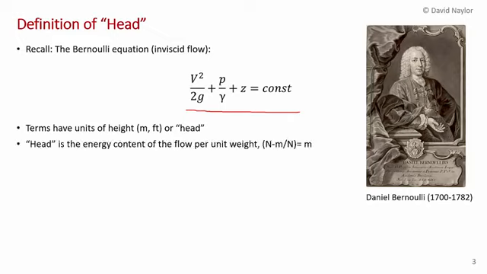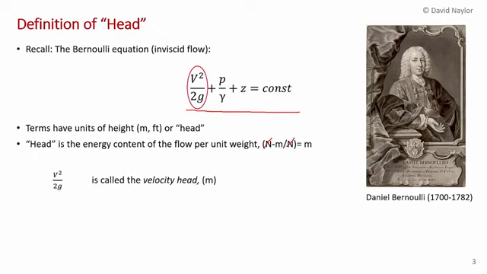Now recall that head is the energy content of the flow per unit weight of the flow. So energy content in joules, so newton meters, divided by the weight of the flow in newtons, and of course the newtons cancel out, and you just end up with meters. So we can represent the energy content of the flow as a height, and this height we call head.